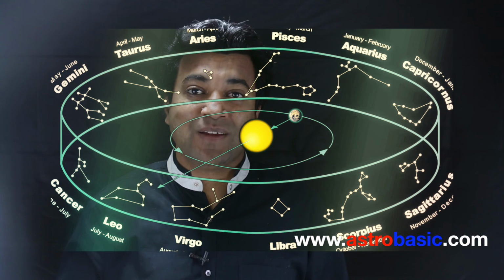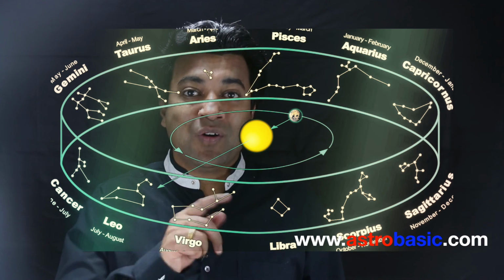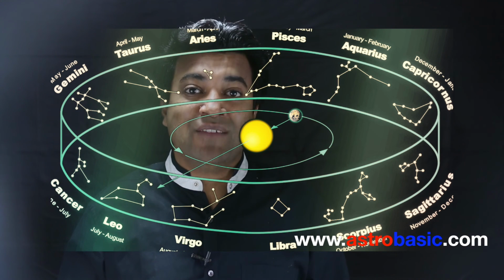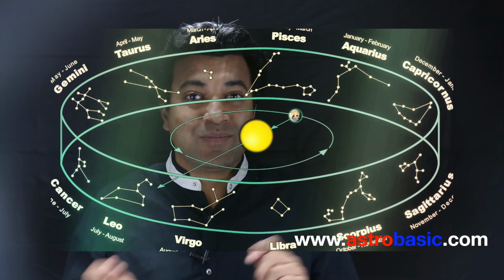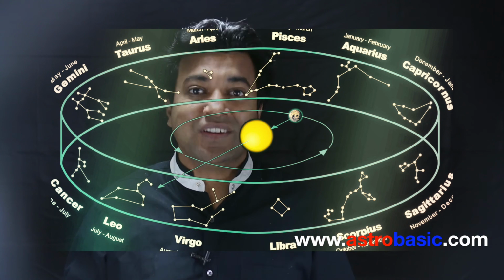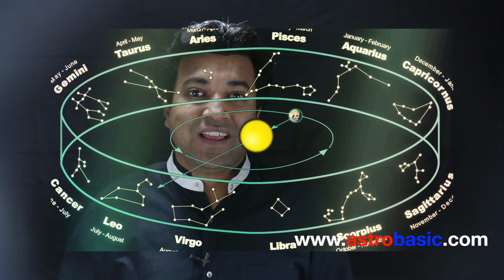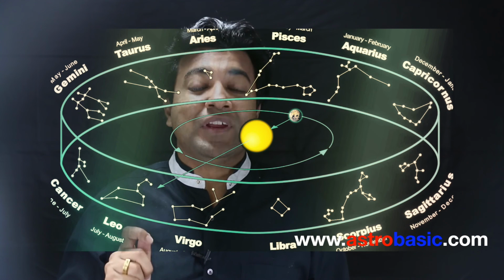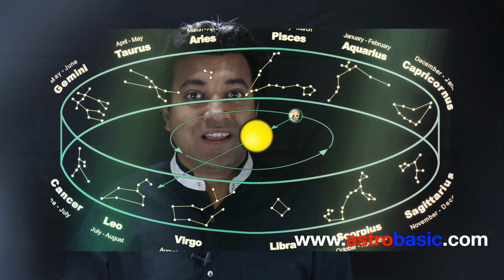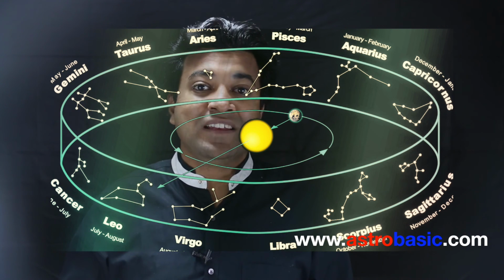On the basis of that they have divided, and all these 12 equal parts have a unique property. They are not matching each other, it's a different property altogether. And each part we call a zodiac sign, and each zodiac sign is ruled by some planets.